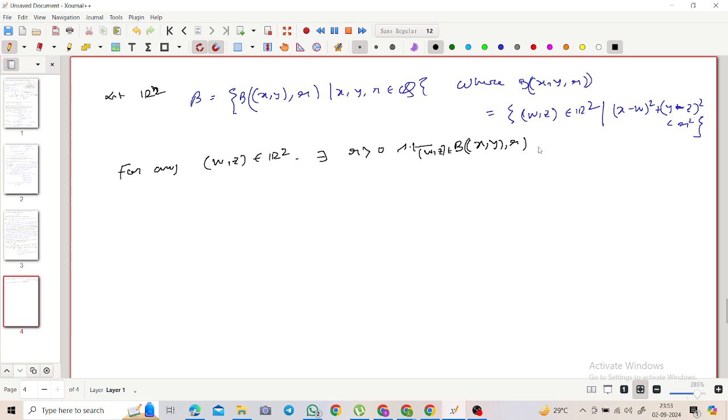Because this is dense in R, right? Is it clear that for any (w, z) belongs to R² we have this? Oh yes, okay, fine, you can take this.